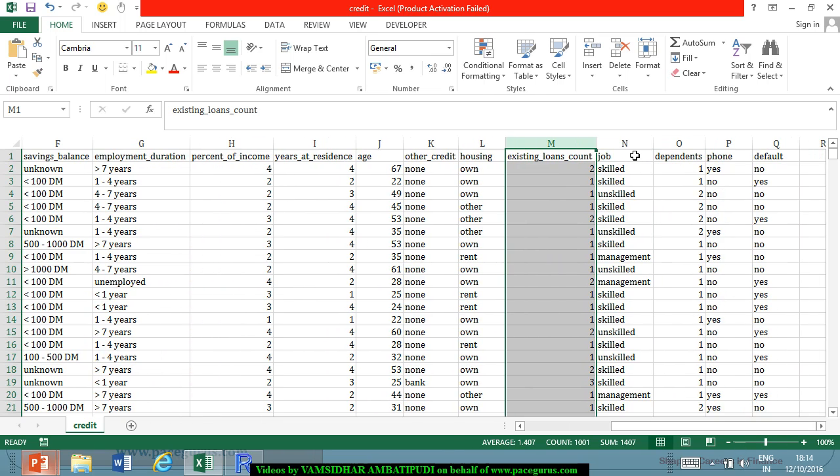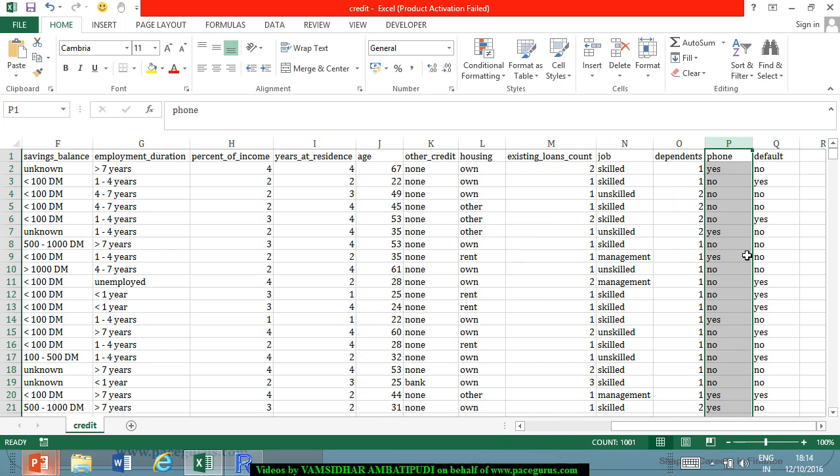The kind of job they are in, skilled, unskilled, different kinds of groups. The department, and whether they have a phone, yes or no. All these things are expected to influence whether a person will default or not.